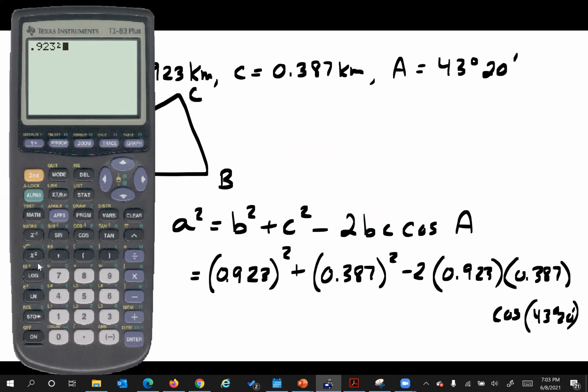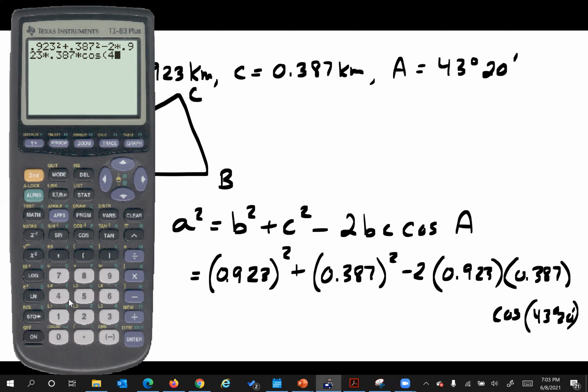I'll use this little squared button, plus 0.387 squared, and then minus 2 times 0.923, and notice I am not punching in the 0 in front of the decimal. That's fine, because your calculator will handle it either way.